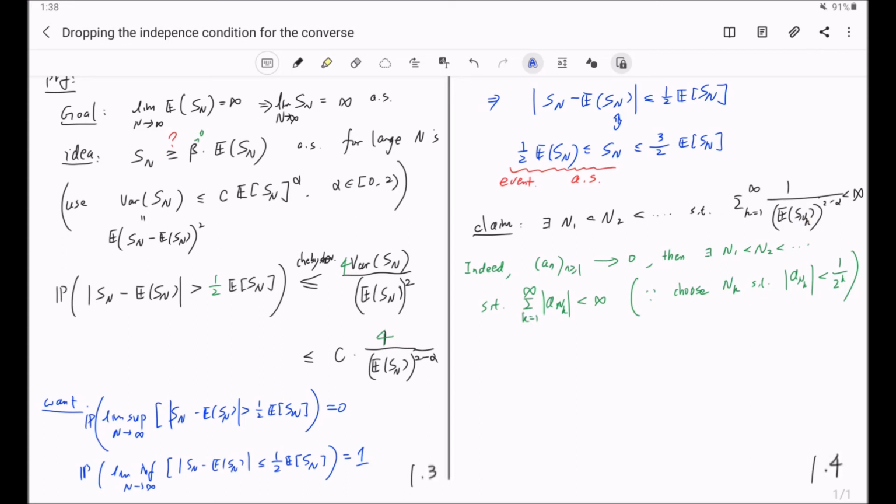It follows from this claim and this inequality that the summation of this probability, let's denote this event by e sub k, so the summation from k equal to 1 to infinity, where e sub k is equal to this subsequential event, where this S_n minus its mean, taking absolute value, is greater than half of its mean.